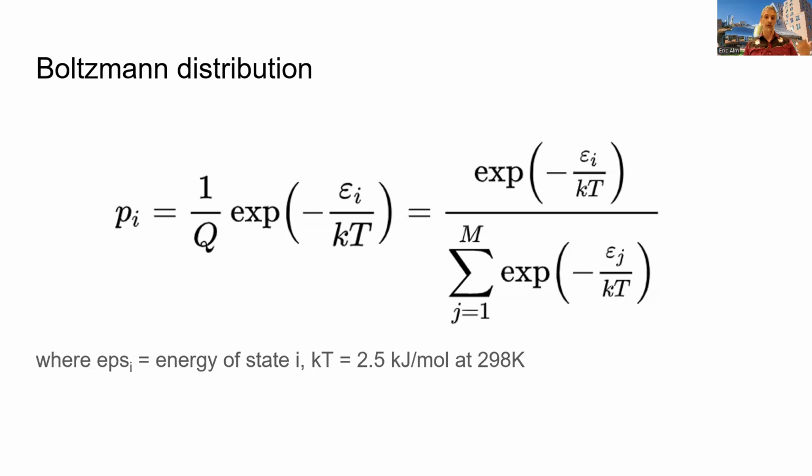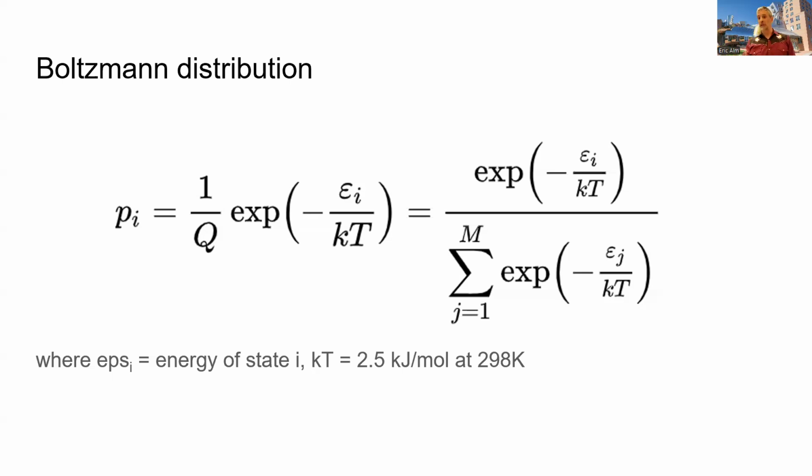We know how to do that conversion, so we can just exponentiate the energy. The way we do that is we take the energy and divide it by KT. And I already told you that for all the purposes we're going to look at in this class, KT is 2.5 kilojoules per mole.